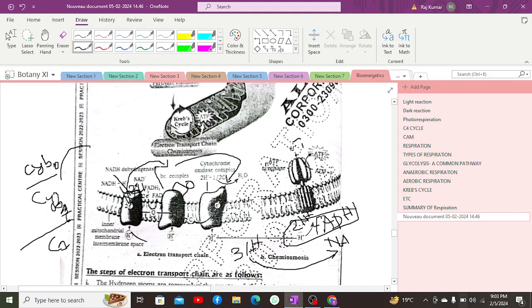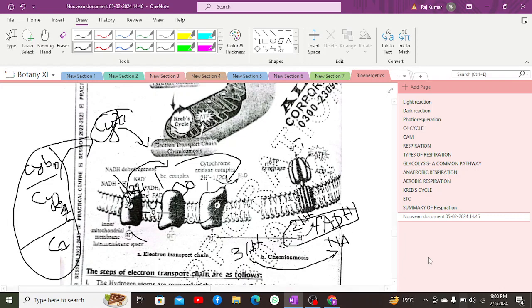Now when the cytochrome reductase complex donates its electron towards the cytochrome oxidase complex, it does not do that directly. Again, there is another carrier, which is cytochrome C. Cytochrome C carries that electron and then transports it towards the cytochrome oxidase complex.